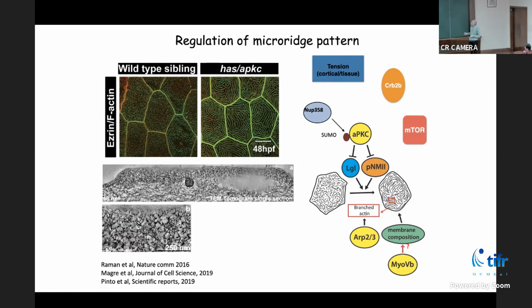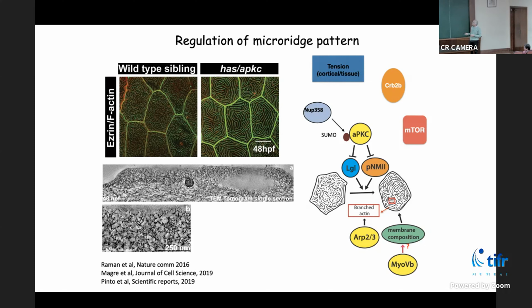We have figured out multiple different components which are important for the elongation of these microridges. Here is one example. This is an aPKC mutant, wherein you will see that the ridges have become extremely long. What aPKC does is control the localization of two proteins, Lgl and non-muscle myosin 2.